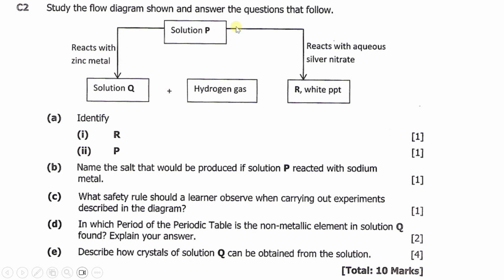Then here we are told the same P was reacted with aqueous silver nitrate to form a white precipitate, which is R. If we form a white precipitate, it is an insoluble salt. Among the insoluble salts that I know, we have barium sulfate, lead sulfate, and silver chloride.